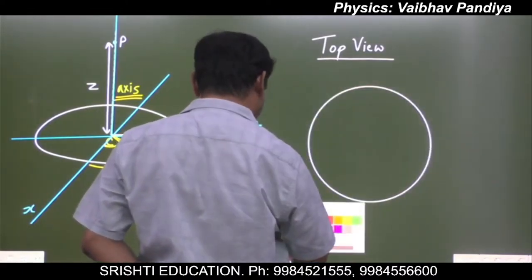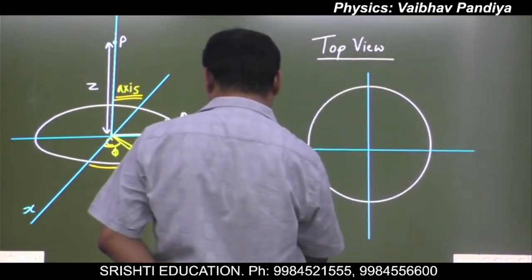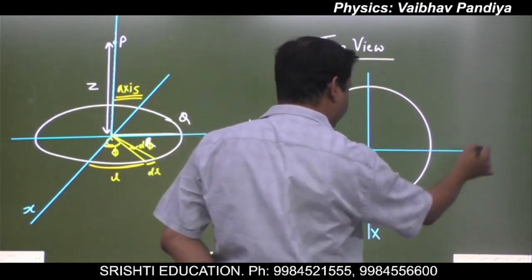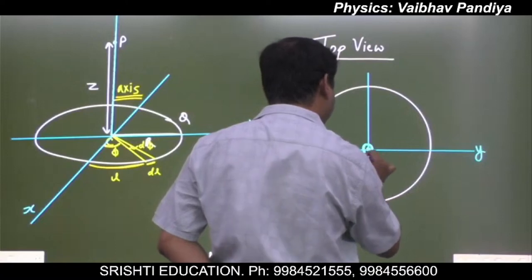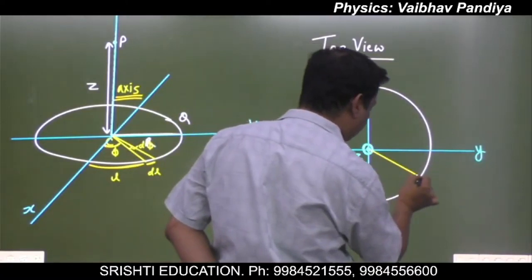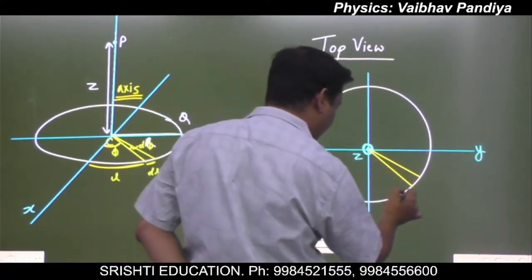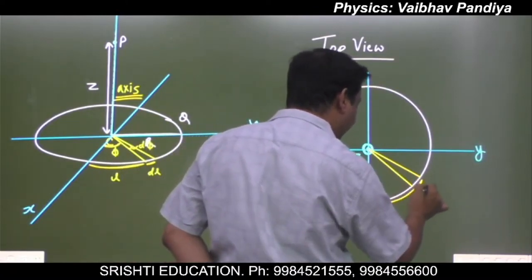This is a ring, and this is your x-axis, this is the y-axis, and the z-axis is coming out of the plane of the paper, so we'll denote the z-axis like this. And this is the element of the ring whose linear coordinate is L, linear width is dl.